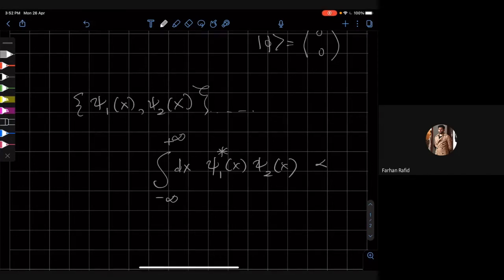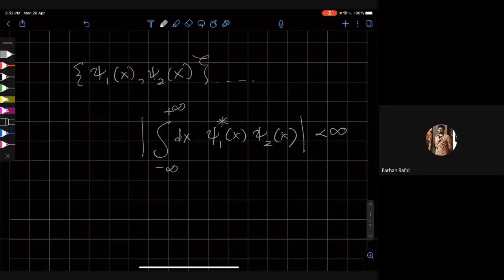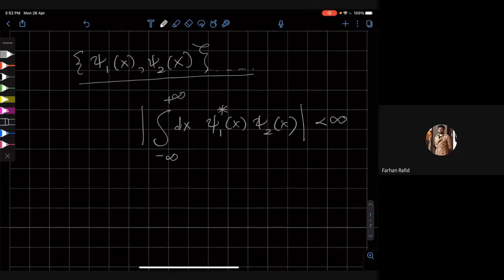If I take its mod, then this will be less than infinity, right? So in that case, there are an infinite number of those functions.